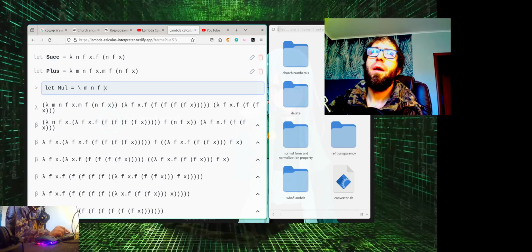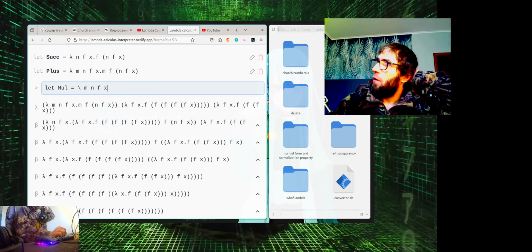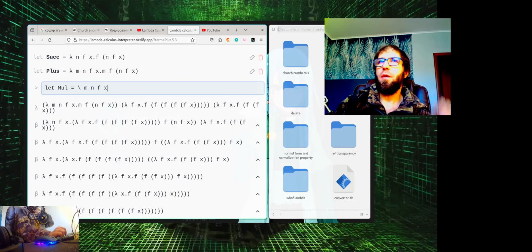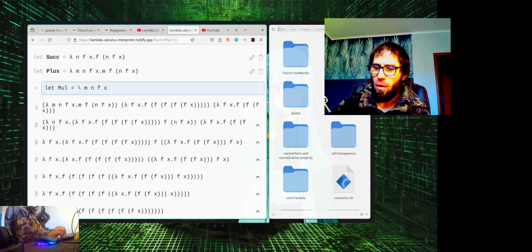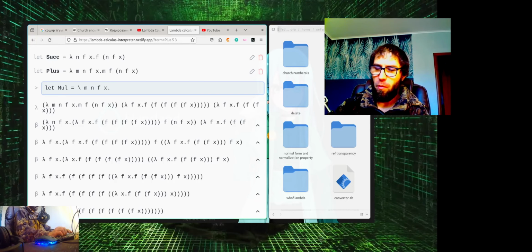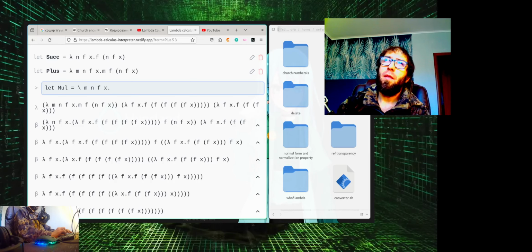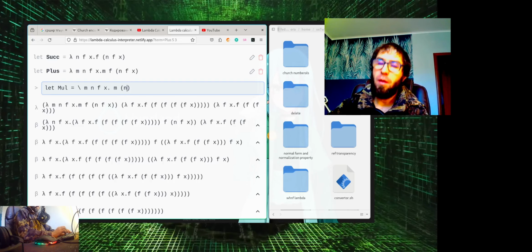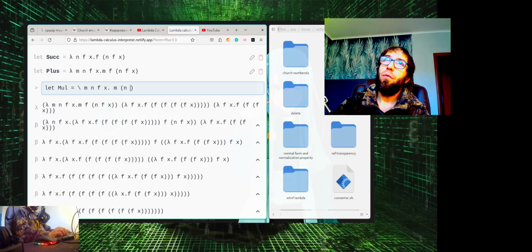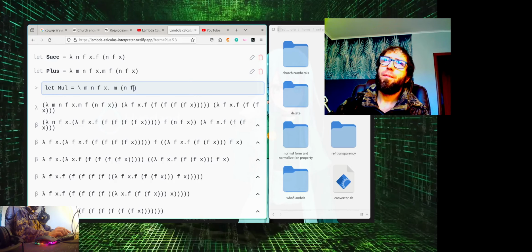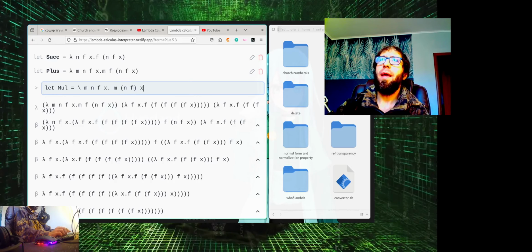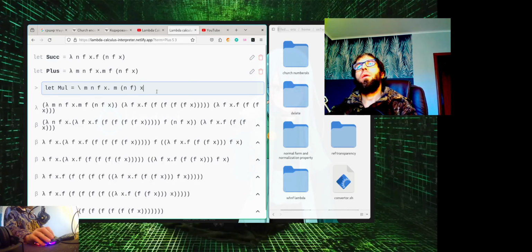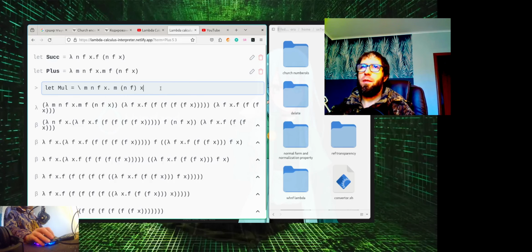This is the signature of our Church numerals. And we need to provide the body. How do we provide the body? I say that we take m groups of n, to which we apply f, and after this apply x. And let's define it.